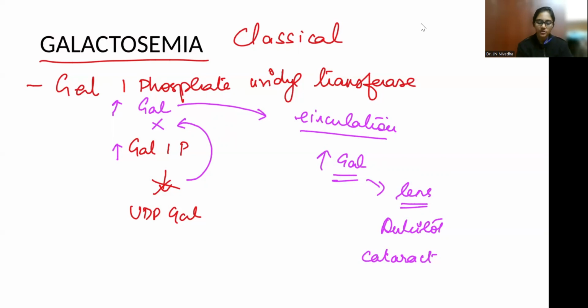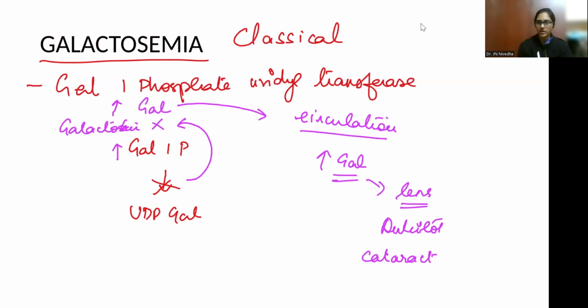Now, what you should know, all of the galactose is accumulated as galactose 1-phosphate here. So this is a feedback mechanism. Excess galactose gets accumulated, but galactokinase enzyme is not deficient, is it not? So the galactose can get converted to galactose 1-phosphate, and galactose 1-phosphate gets accumulated here.